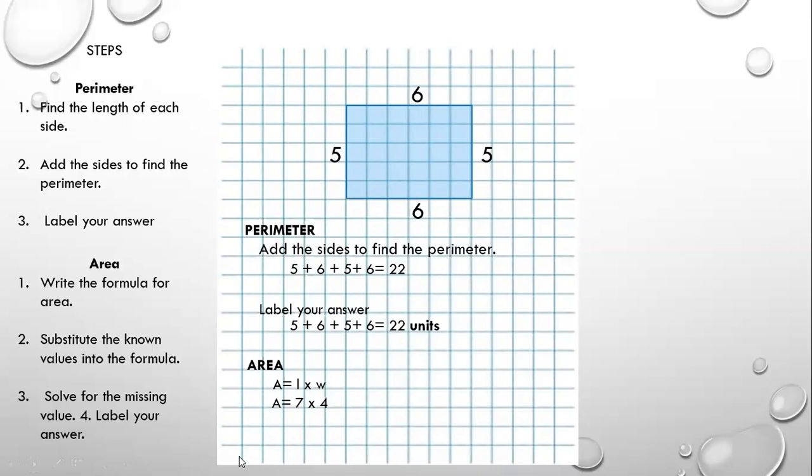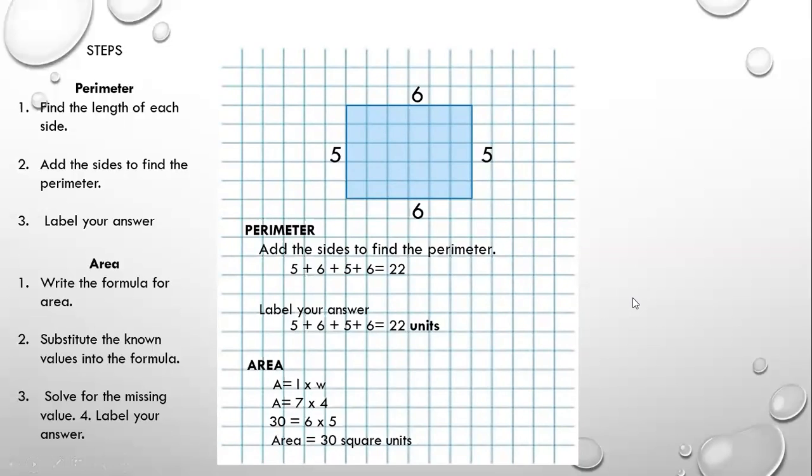So I know, this should be area is equal to 5 times 6, not 7 times 4 from the last problem. Here we go. So our area is equal to 30, which is 6 times 5. So our area is equal to 30 square units.